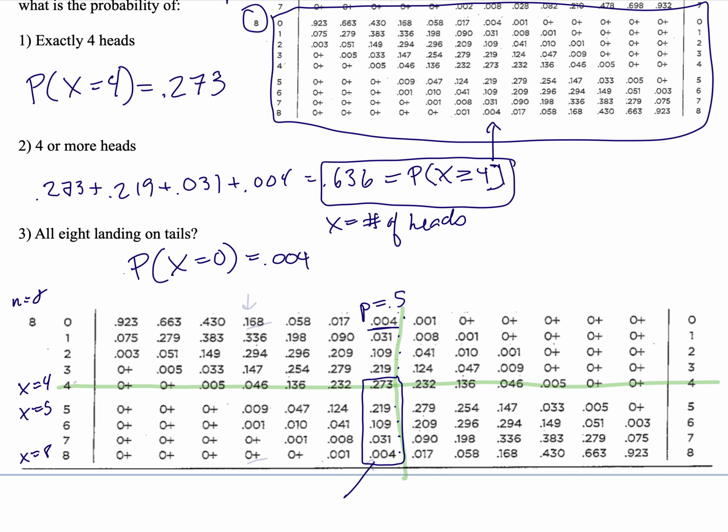Note that if we had done the opposite, if we looked for a probability that x equals 8, we would have gotten the same thing because heads and tails are equally likely in this case. If we were looking at a different probability, like 0.2 or something like that, then these wouldn't be symmetric. We see that this and this are different values.